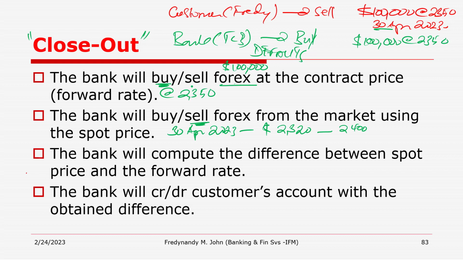So we assume that we as banker have purchased 100,000 USD at this rate, and now we're going to sell them at the market rate. Now here the selling rate will be 2,400. This will be the selling rate.